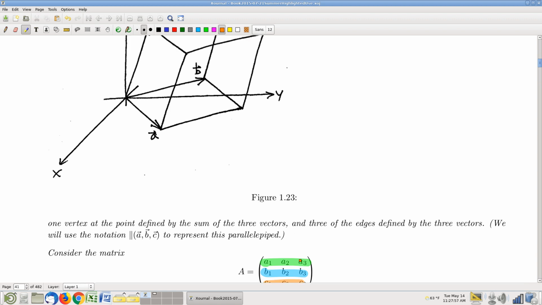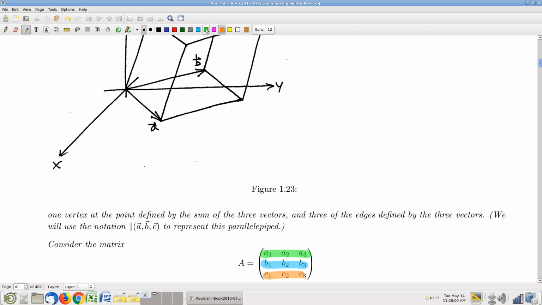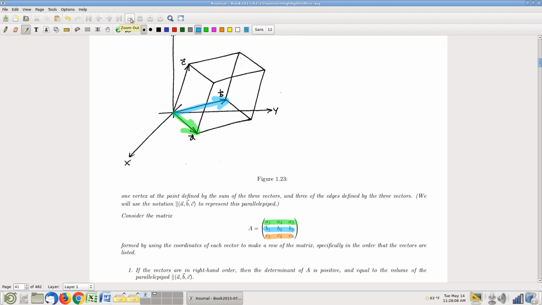You can also make a parallelepiped, they call it, three-dimensional kind of parallelogram. Out of those three vectors, you make the corresponding sort of box-like thing.